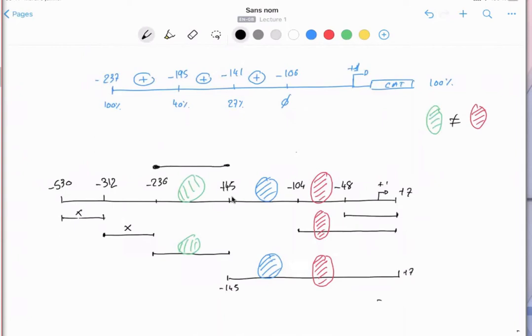Actually, we are going to make the reverse experiment. We use the fragment that is able to interact with the green protein, and we make the competition with the fragment that is able to interact with the red protein. If you look at the result, does it make sense compared to the result we just obtained?